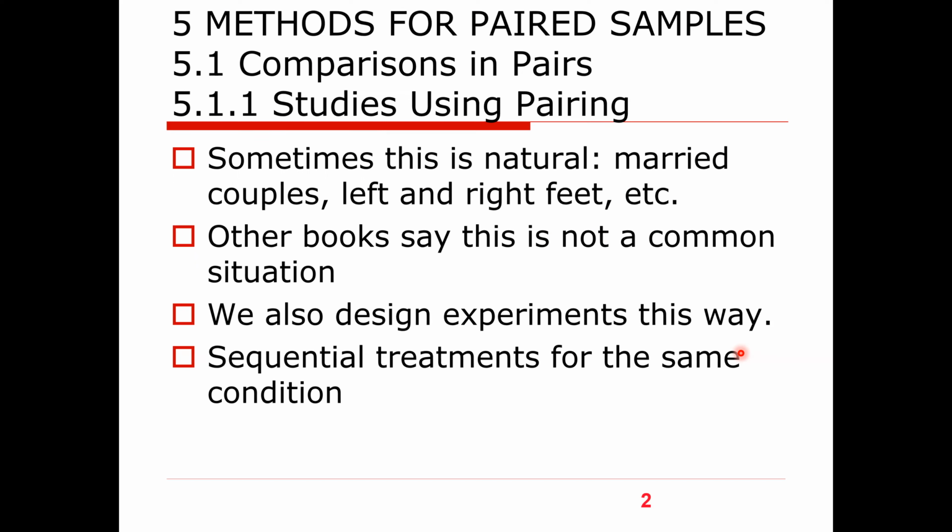For example, married couples in a community, or left and right feet or hands for multiple individuals. Or sometimes we have some performances for each individual before and after an activity, and we compare the before and after data to check if the activity makes a difference.